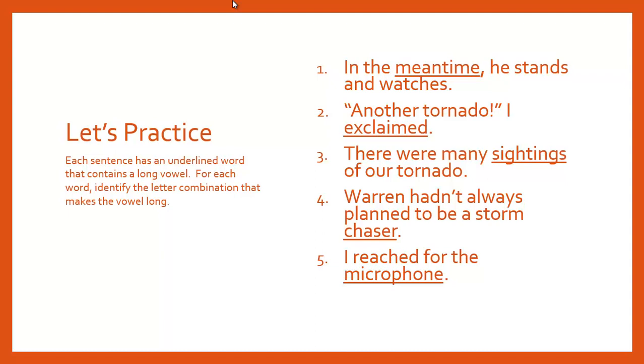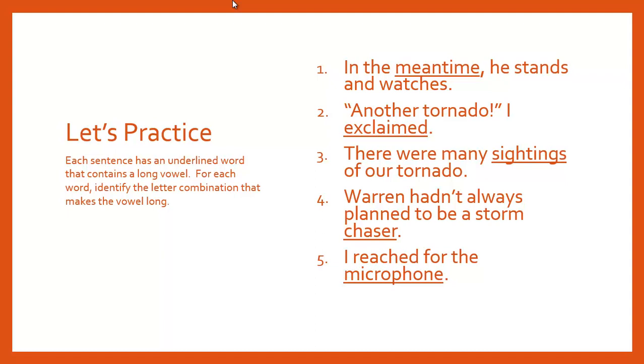Our underlined word is meantime. This word actually has two long vowels. The long vowel sound of E in mean, and the long vowel sound of I in time. So we're going to actually have two answers for this one. The long vowel sound E is made up with the letter combination of E-A.